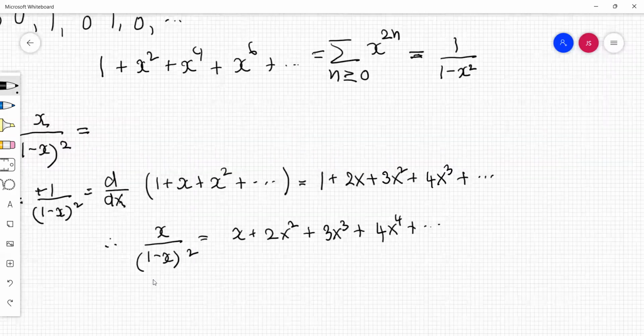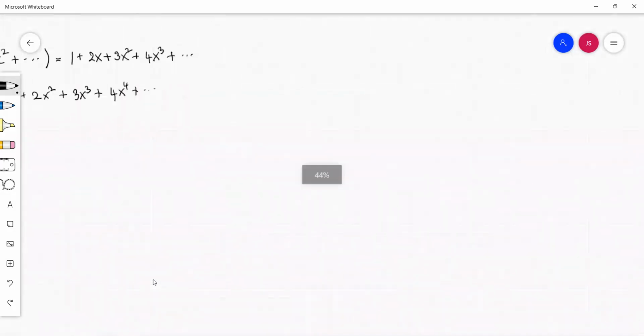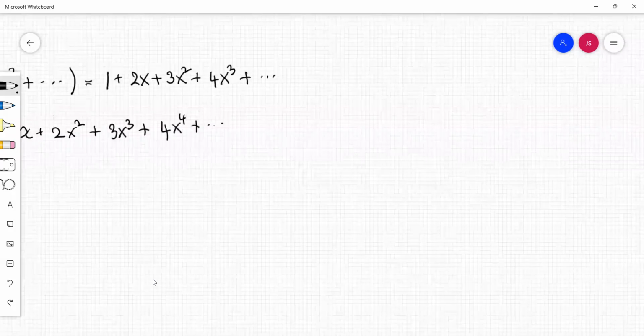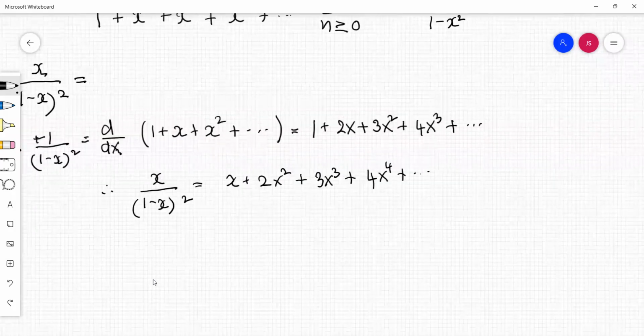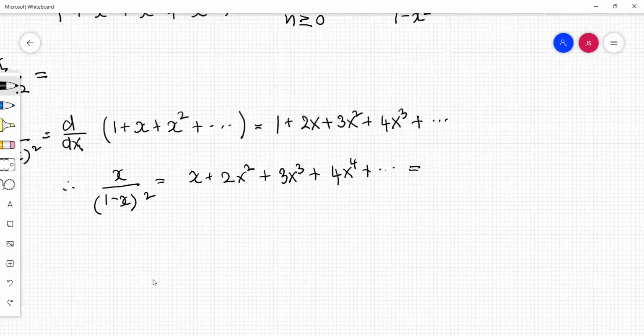So you can write this as the sum over n greater than or equal to 1 of n x^n.